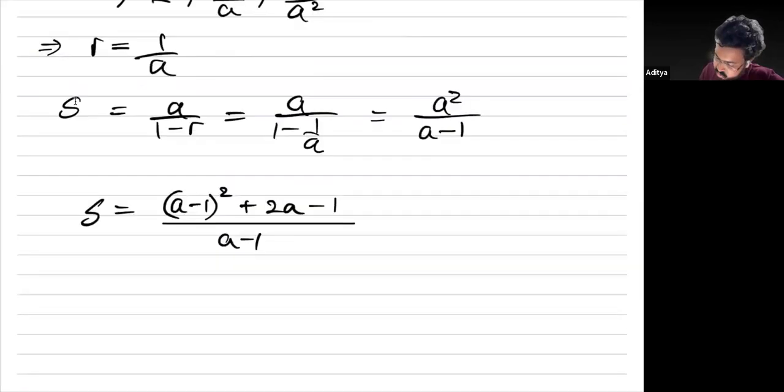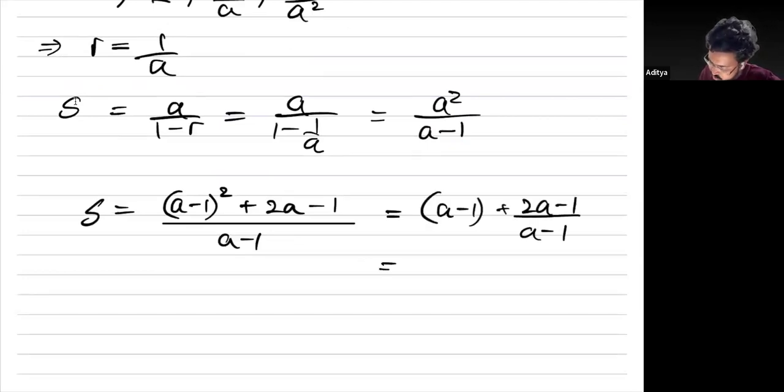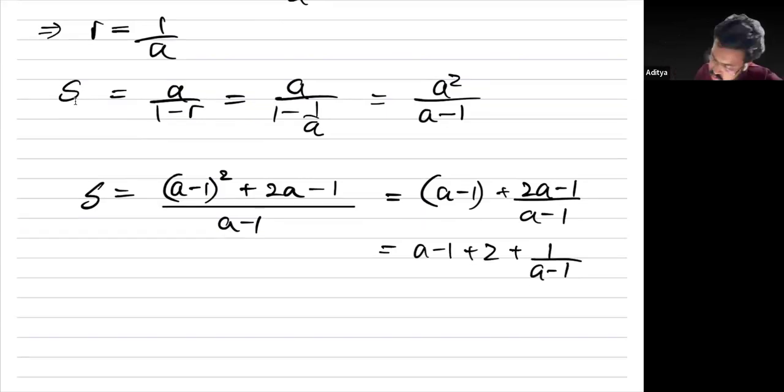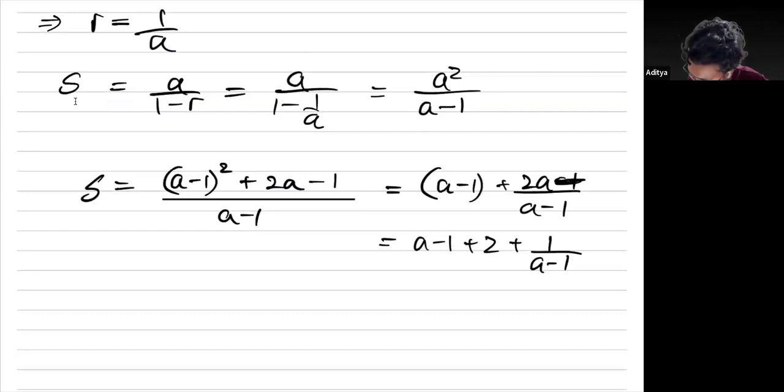And here you get A minus 1 plus (2A minus 1) upon A minus 1, which is equal to A minus 1 plus 2 plus 1 upon A minus 1. Okay, so 2A minus 1 also you can write as 2 minus 1.